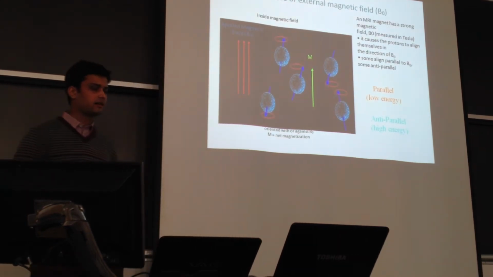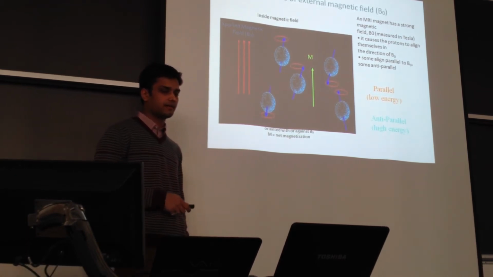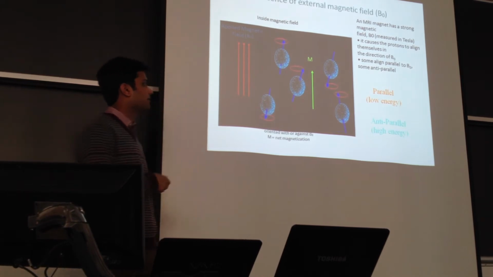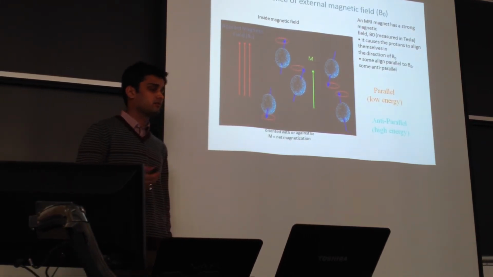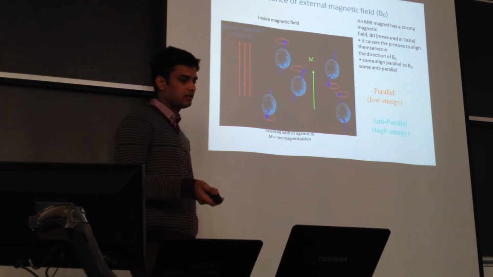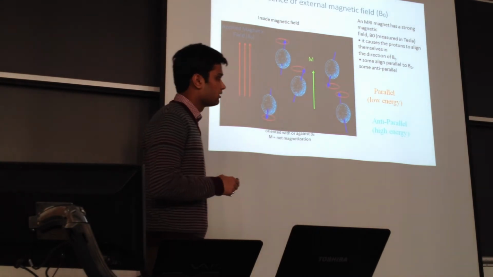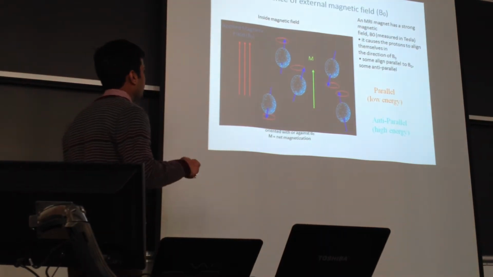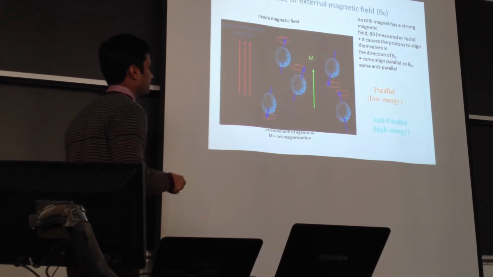Secondly, now we see how they act in the presence of an external magnetic field. Now this we can relate to the MRI system, because in MRI system we do have a magnet which has its own magnetic field. And we call the magnetic field B0. So in presence of the magnetic field, the protons tend to align themselves in the direction of the external magnetic field.